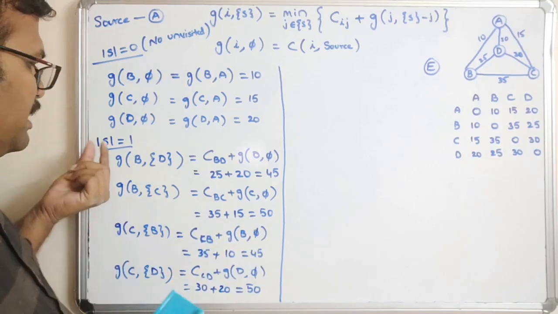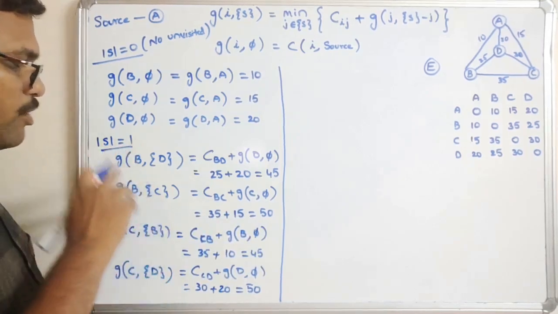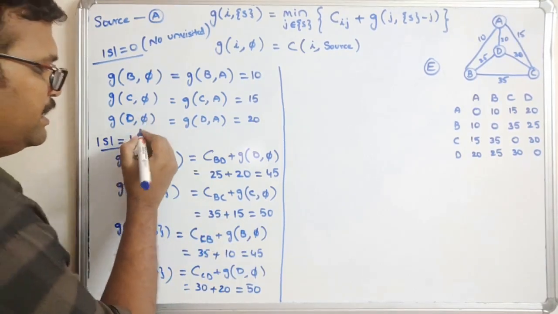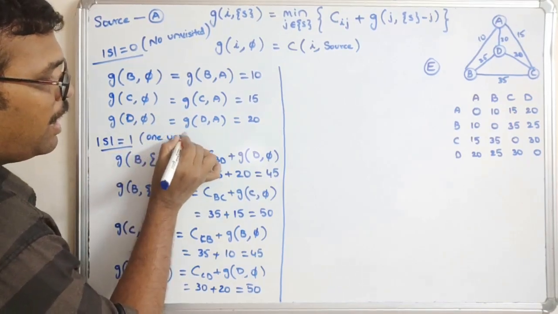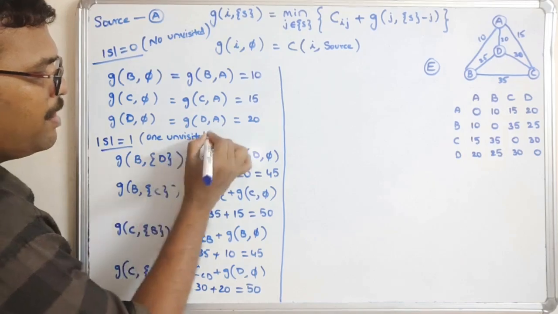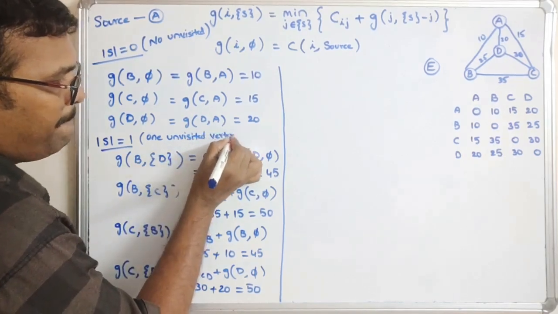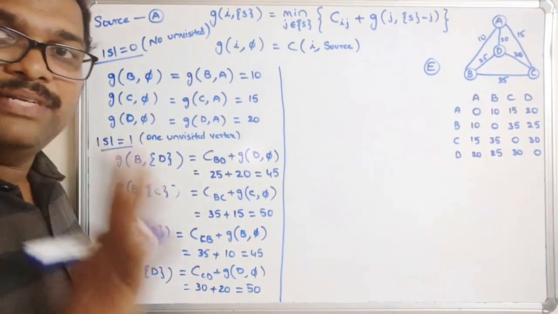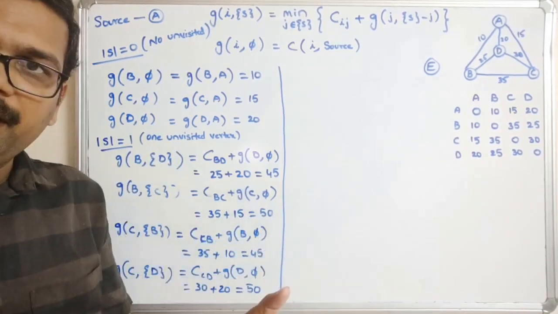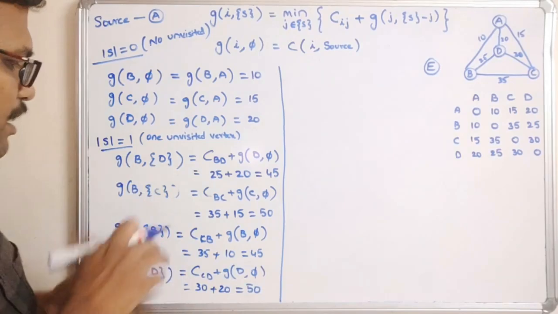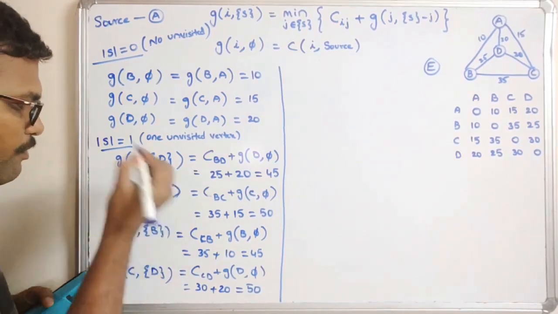Hope you understood. If set is equal to 1, the set is 1 means there is one unvisited vertex. So we need to check all the possibilities towards that unvisited vertex, right?